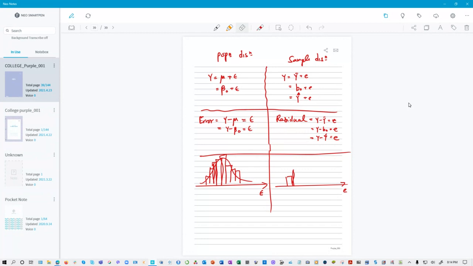Pretty much like that, the points are close to each other because of more points. This is error, and this is residual. This is called the error distribution, and it's the residual distribution in the sample setting.